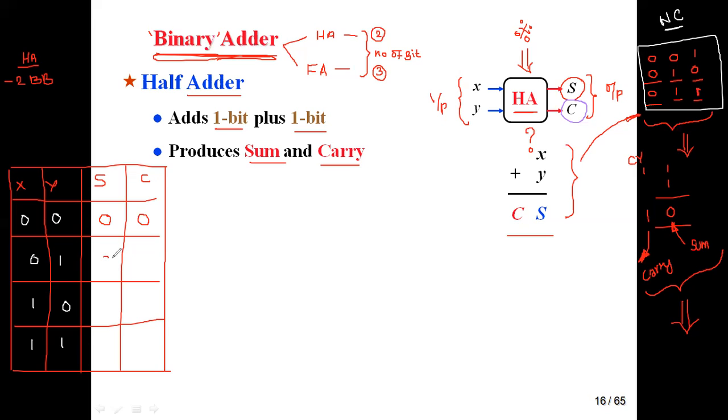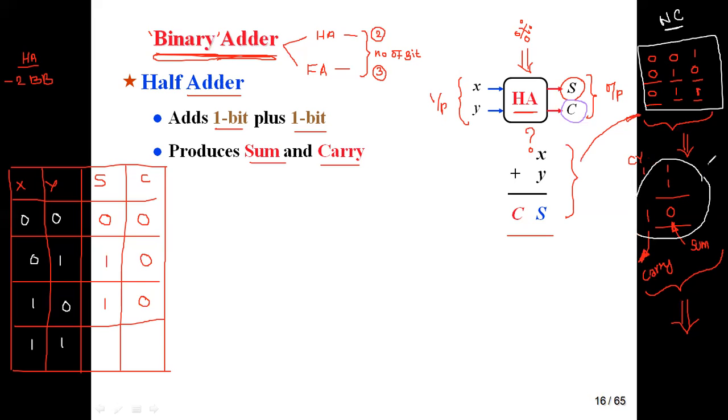But here, what will happen? At the time of adding 0 and 1, sum is equal to 1, carry equal to 0. Similarly, 1 and 0, sum equal to 1, carry equal to 0. Please listen. This is the carry bit switching process.